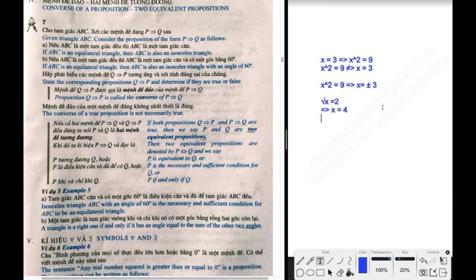And when x equals 4, we infer square root of x equals 2. So square root of x equals 2 is equivalent to x equals 4.